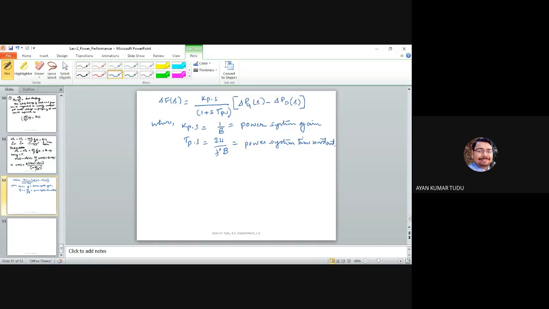Okay, so how can we write the complete block diagram now?